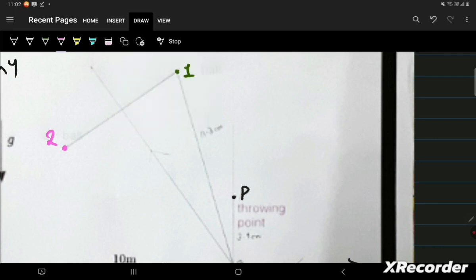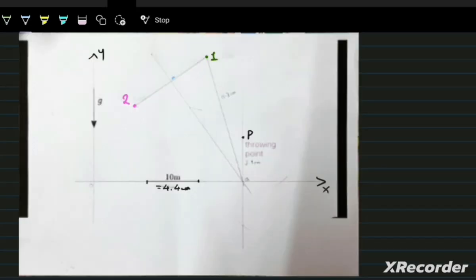Here I have connected this line 1 2, and drew the perpendicular bisector of line 1 2 using the compass, which will, I guess, intersect the x-axis at some point.